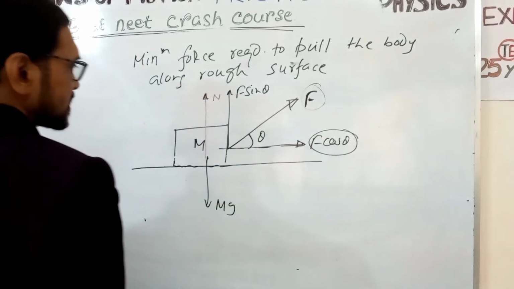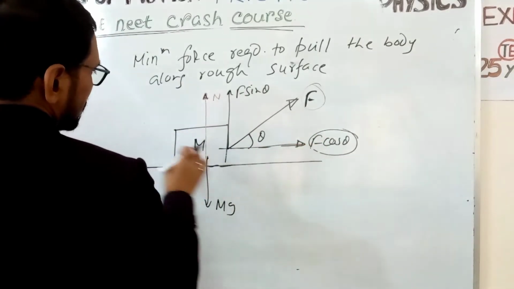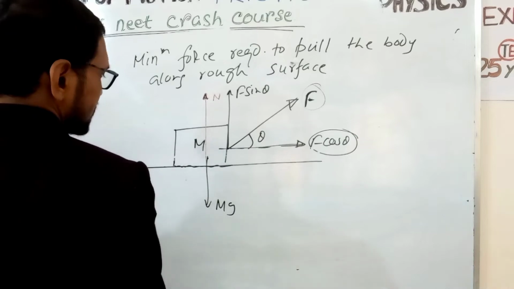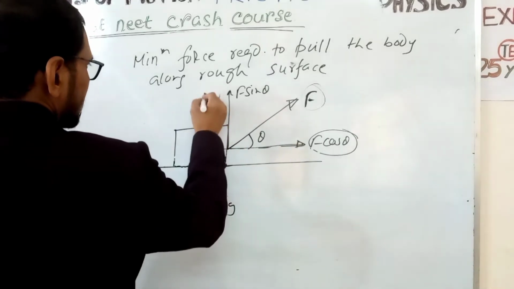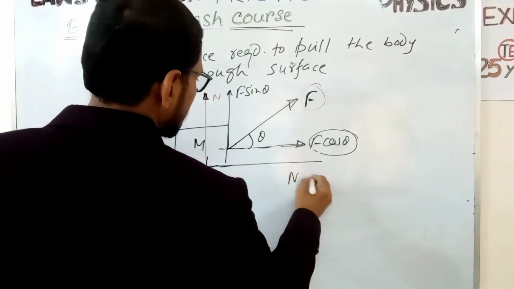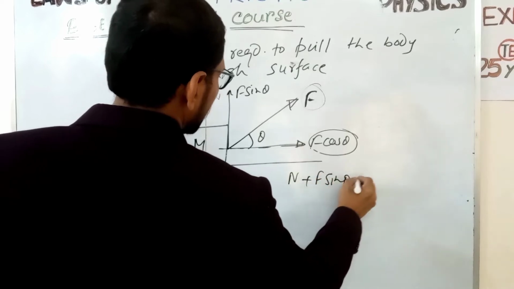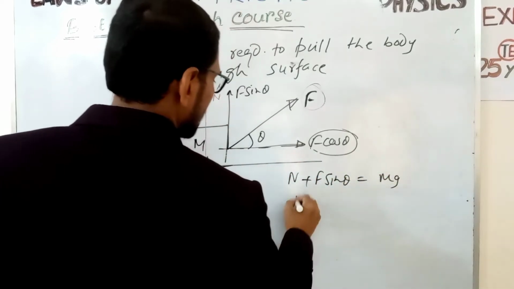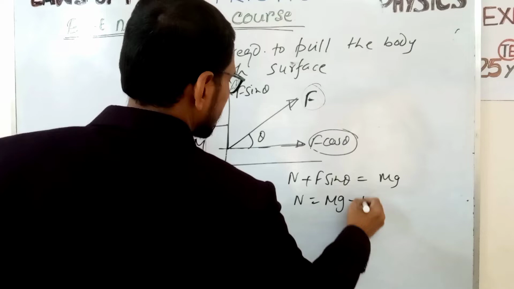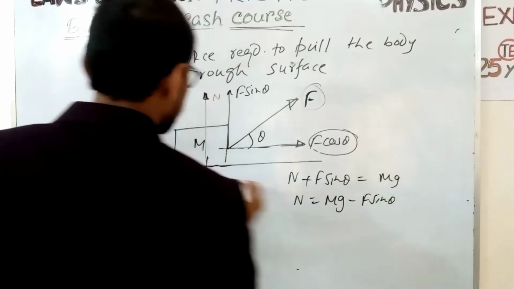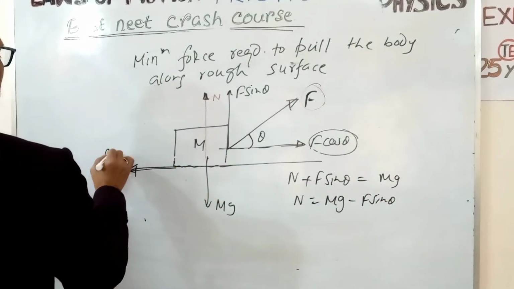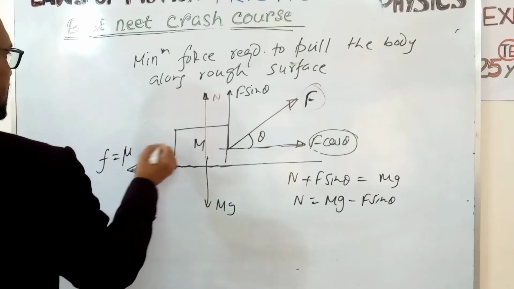So this is the external force which causes the motion of the body. In the normal direction, N plus F sin theta will balance the weight, so N equals mg minus F sin theta. Now the friction force acts in this direction, which is equal to mu into N.